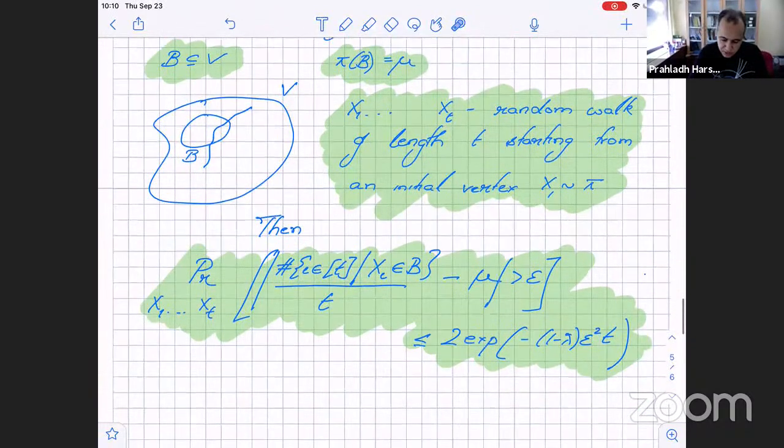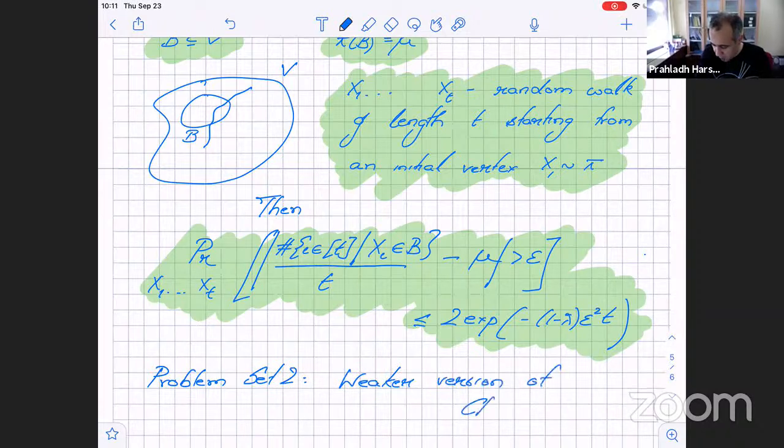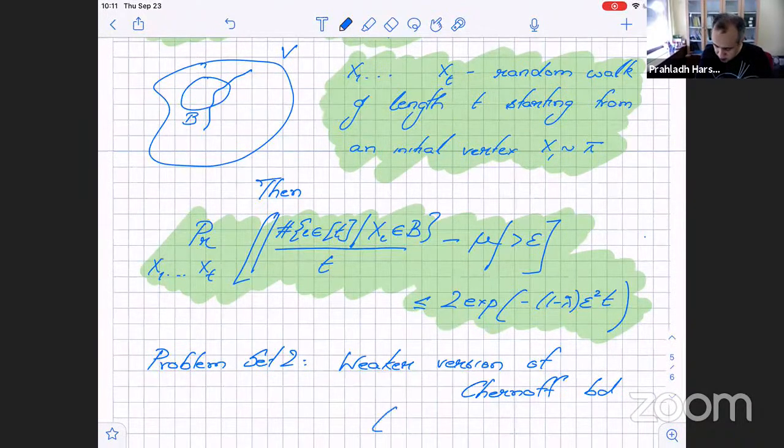We will not prove this in class, but the next problem set, problem set 2, will have a weaker version of the Chernoff bound that you will be proving. It will be using the hitting set lemma.